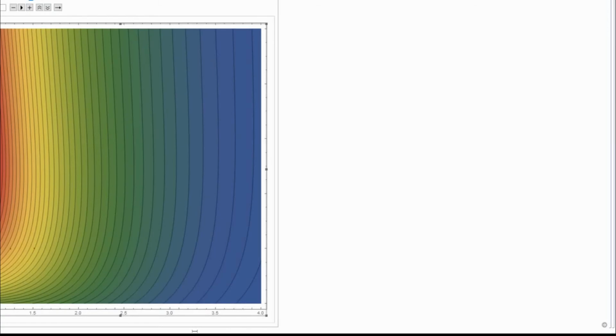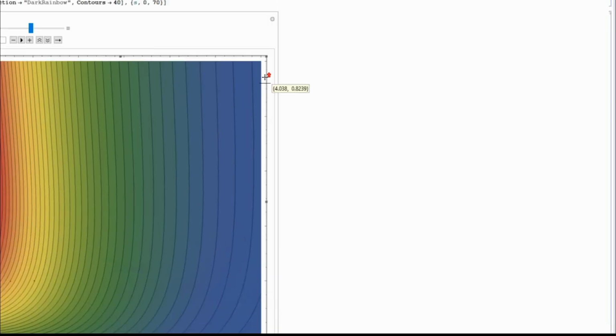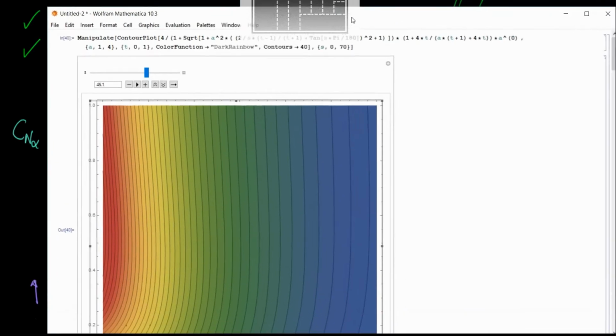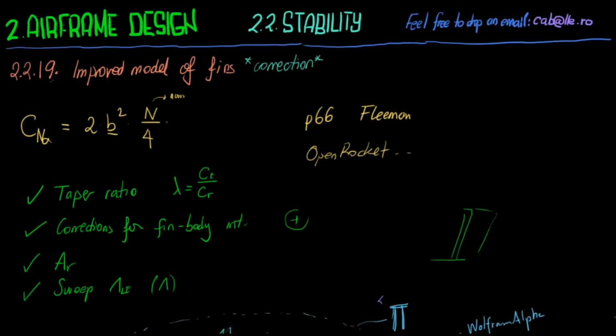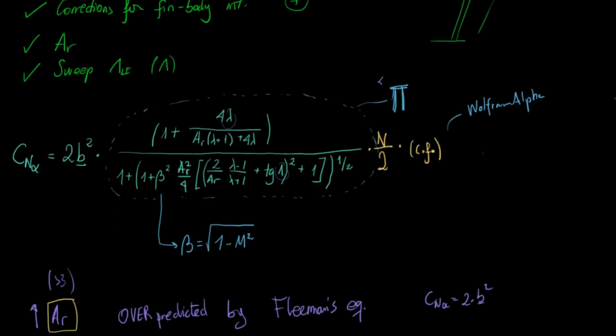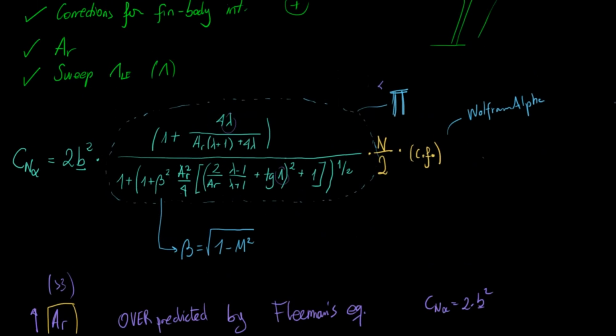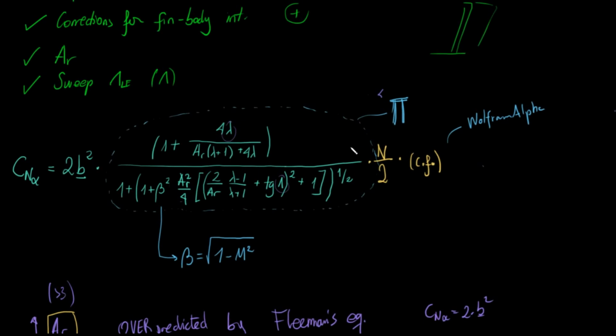I'm gonna do it again, just in case the conclusions are very different from the ones I gave you on the last video, but you can do it yourself in Mathematica. Plot out this function and see what I did on the last video, so it can aid you with the fin design, right?